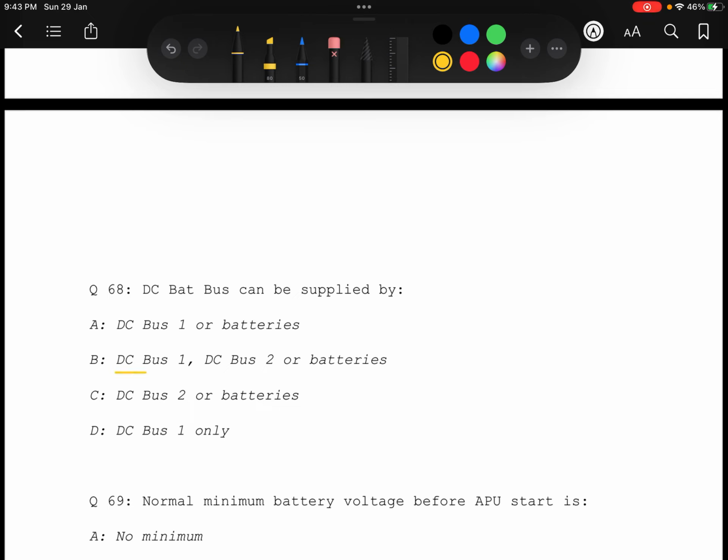If both are unpowered, let's say it's a total failure of the systems, gen 1 gen 2 fail, nothing here. Now we have only batteries, so these batteries supply back to the DC bat bus, right? Is it clear? Correct.